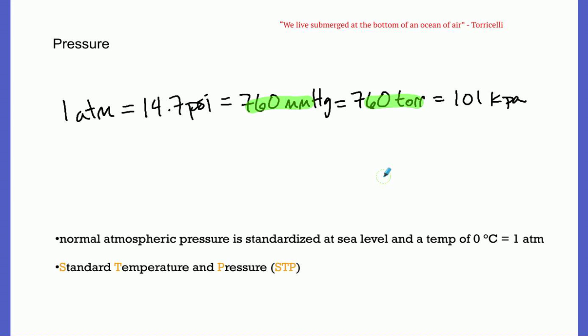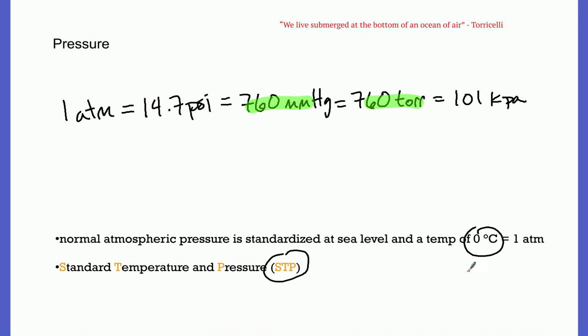So I have this STP at the bottom of the page. If you see STP in a problem, that means that you're automatically going to use one of these pressure values from above. You could use 1 atmosphere if it's appropriate. You can use 760 torr if it's appropriate. But you're going to use one of those pressures because they are standard. But also, standard temperature is going to be my 0 degrees Celsius right here.